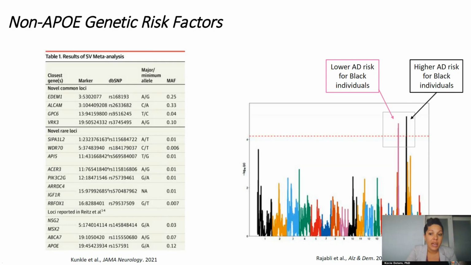This pink line, I don't have the exact SNP reported, but this pink line conferred lower AD risk for Black individuals, while the black line actually conferred higher AD risk for Black individuals. So again, there are other genetic variants that we should really be accounting for when we're looking at dementia risk for Black individuals.